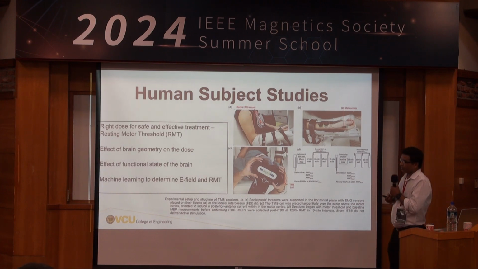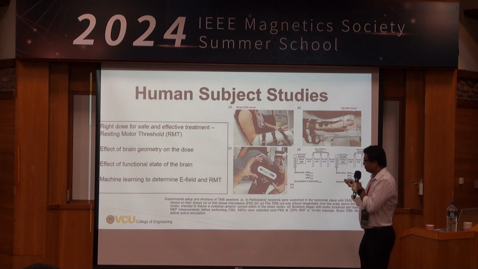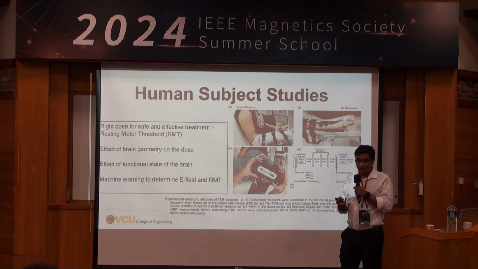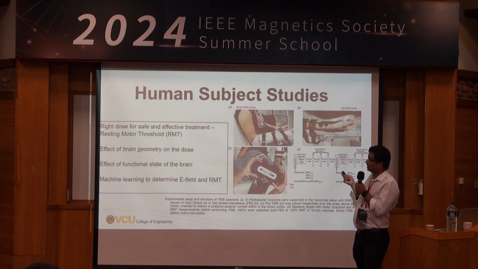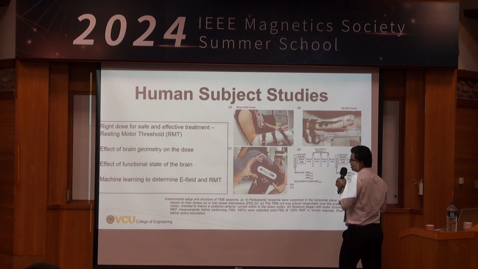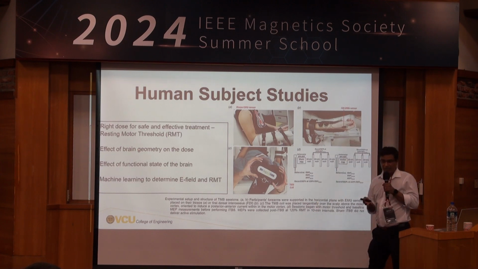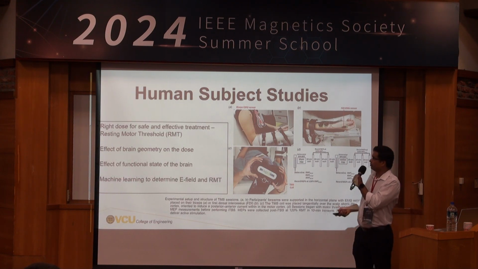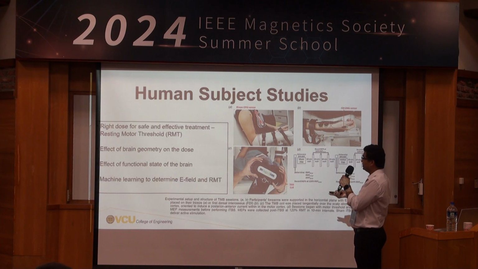So now I want to talk a little bit about human subject studies. So we did 3 clinical trials. One is on healthy subjects, another one is on schizophrenia patients, and another one is on traumatic brain injury patients.